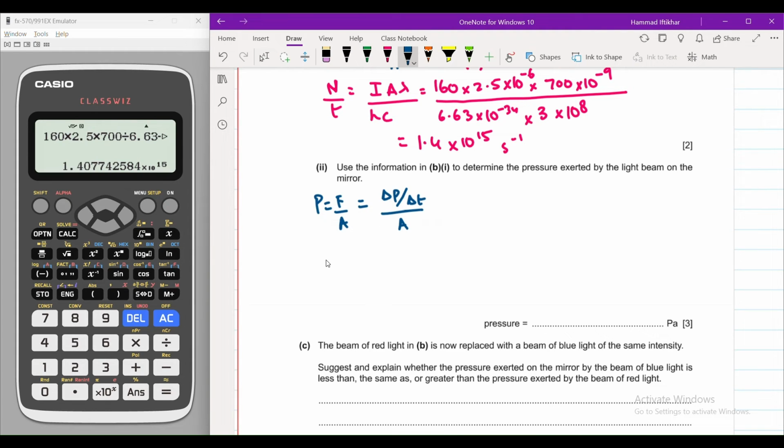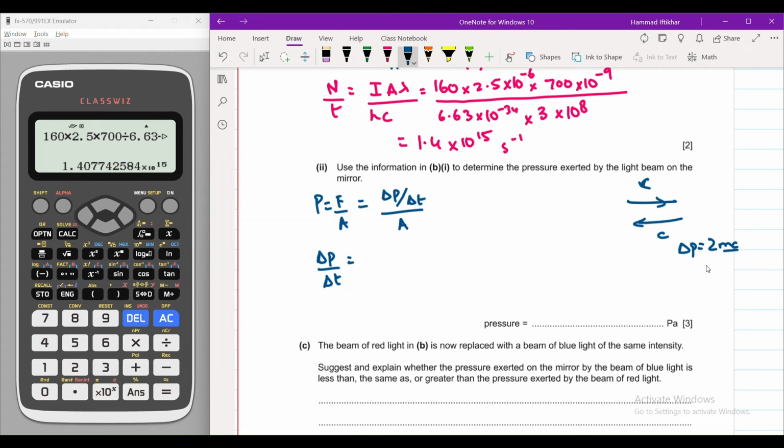So we need to find the rate of change of momentum first. Since the photons were reflected at the same speed in the exact opposite direction, the change in momentum would be 2 times mc basically.